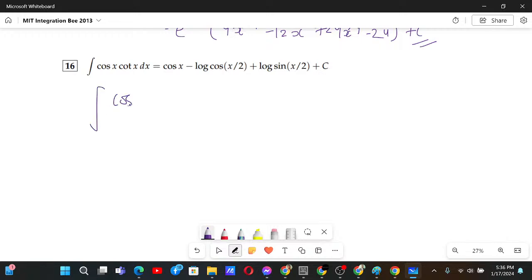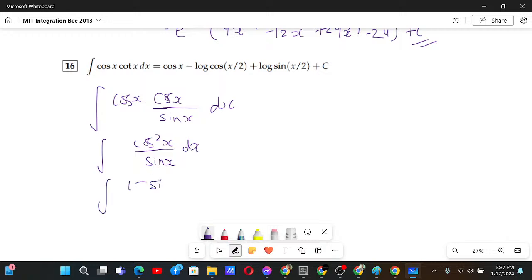So this is cos x, but here we have cos x by sin x, and then dx. Now this will be cos square x by sin x dx. Now you can use 1 minus sin square x in place of cos square x dx.